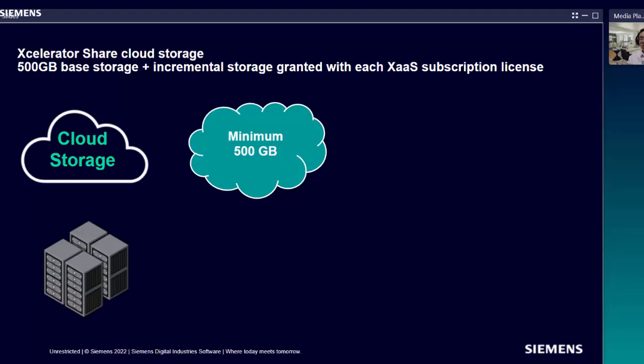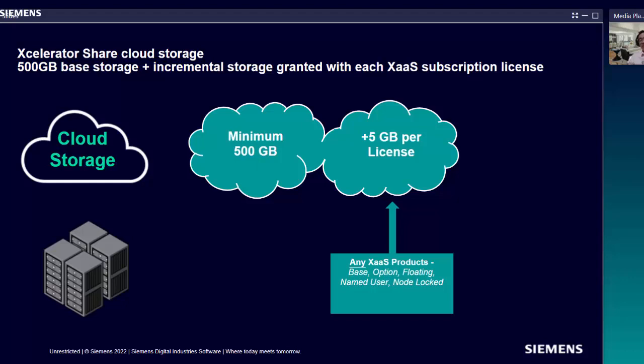This minimum storage is provided to ensure all customers within the same company have access to sufficient cloud storage to take advantage of Xcelerator Share collaboration features and capabilities. And in addition to the starting 500 gig, an additional 5 gig per license will be added for every SaaS subscription. That will include the base, products, and options, and for all user types.